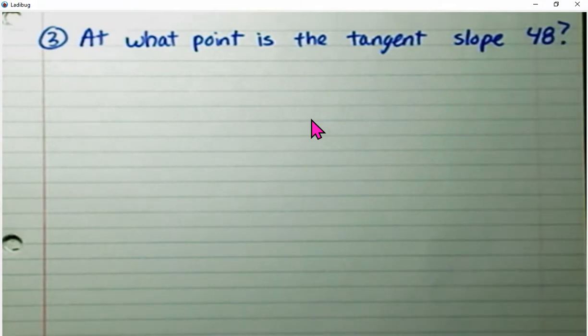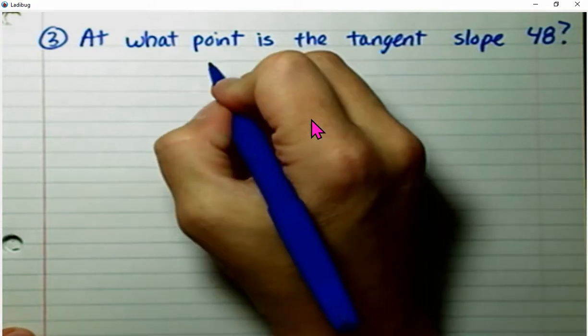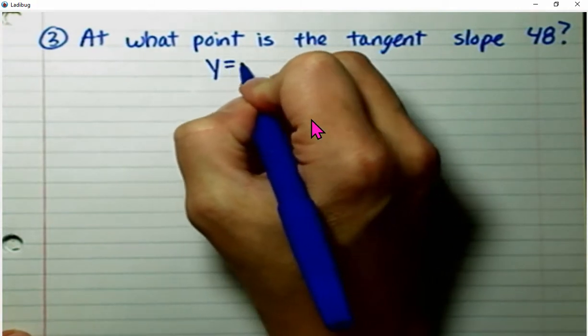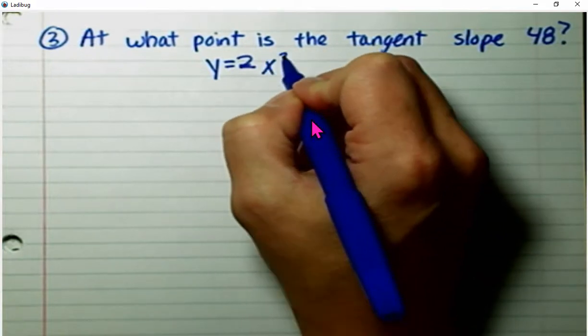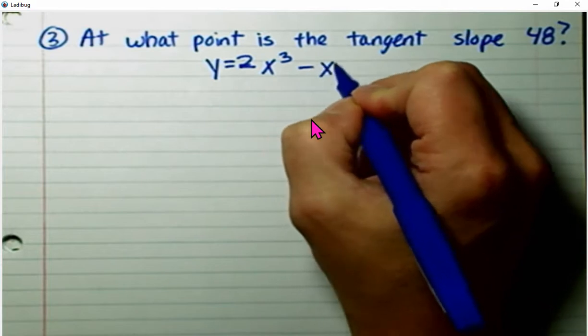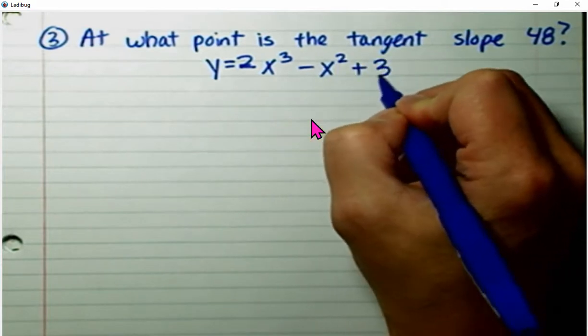Okay, so I want to know, where is the tangent slope 48? Okay, here is your equation. Y equals 2x cubed minus x squared plus 3.